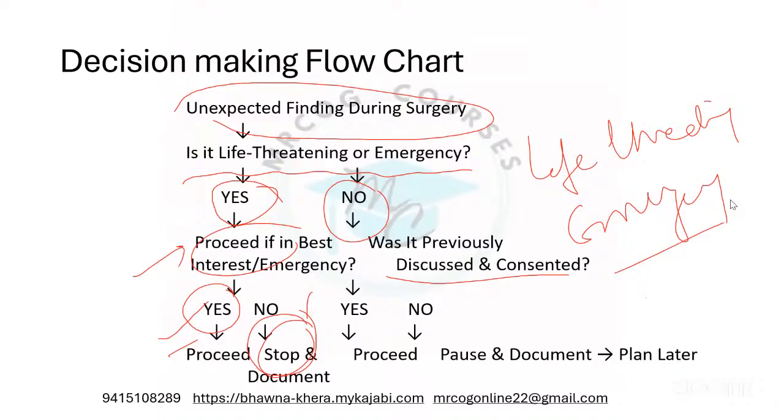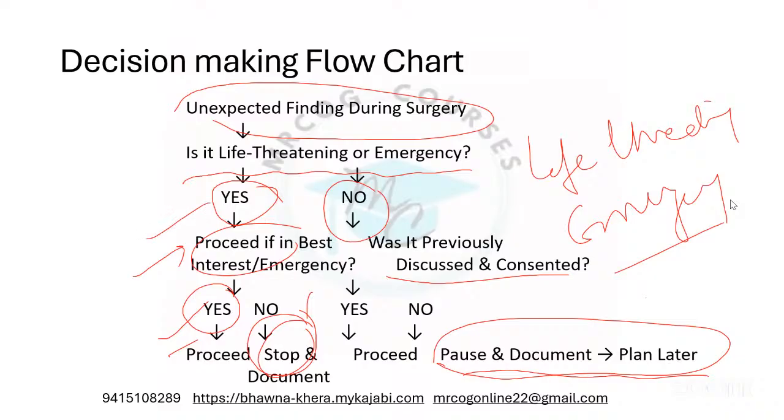Now, when you see the hydrosalpinx, you can proceed. But in the scenario which we discussed, it was not mentioned what was exactly consented for. So we pause and document the plan later. That's how it makes the difference, right? So, was it previously discussed and consented? This is how you need to see.